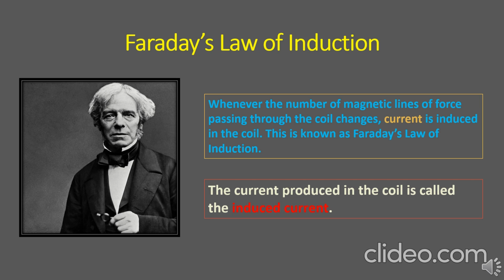Current is induced in the coil when it is moved aside from the front of the solenoid. From all these, Michael Faraday concluded that whenever the number of magnetic lines of force passing through the coil changes, current is induced in the coil, and this is known as Faraday's law of induction. And the current produced in the coil is called the induced current.